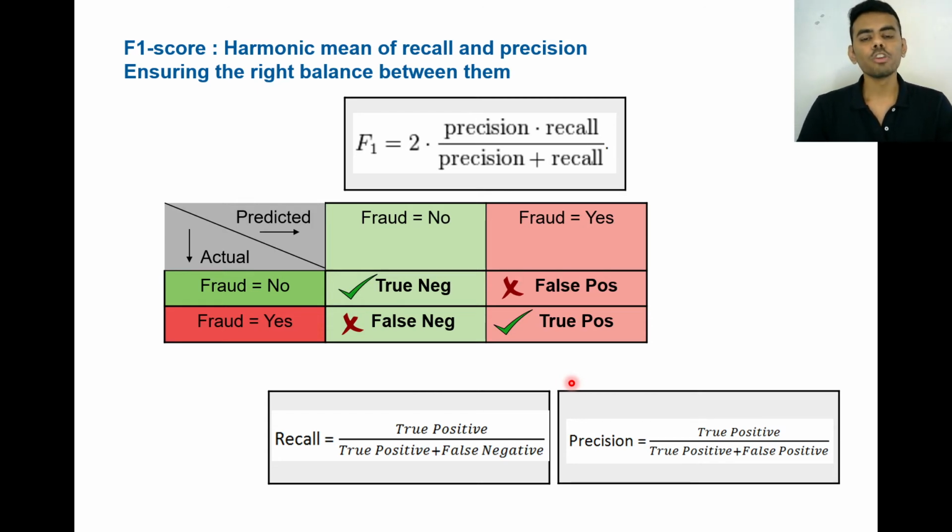So ideally, you want one metric that can summarize the importance of both of these metrics. And that's where the F1 score comes in. The F1 score is the harmonic mean of recall and precision: 2 times precision times recall divided by precision plus recall. So F1 might be a good metric if you do not want to keep a tab on multiple metrics.